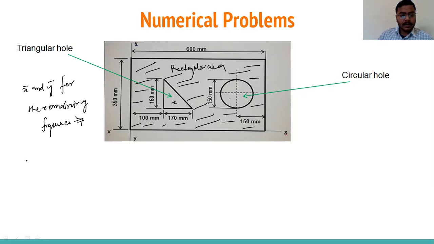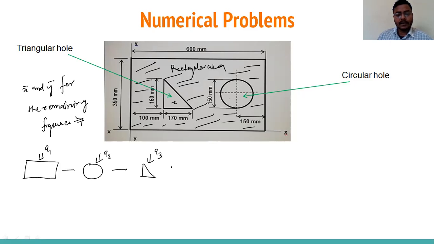First I am considering this rectangular portion, the big portion, and I'm taking it as A1. Second, I will deduct the circular portion, which I am taking as A2. Next I will deduct this rectangular portion, which I am taking as A3. So finally, what will come? Finally it will come like this.